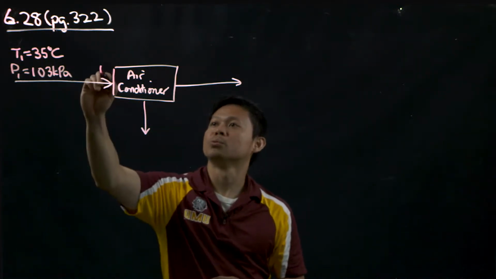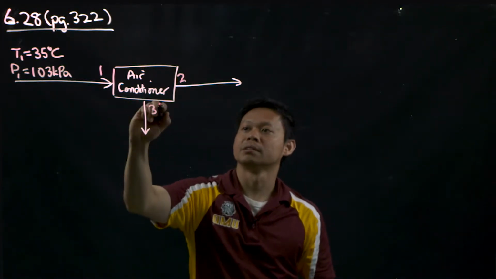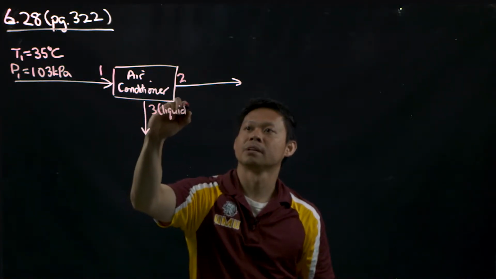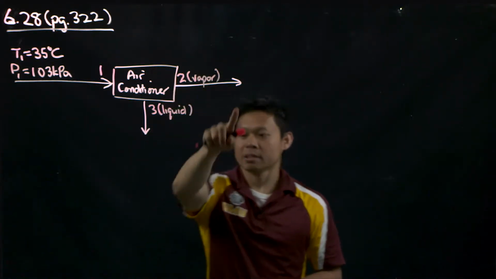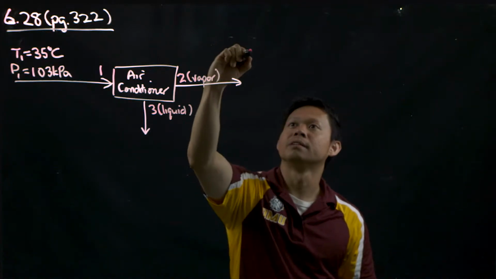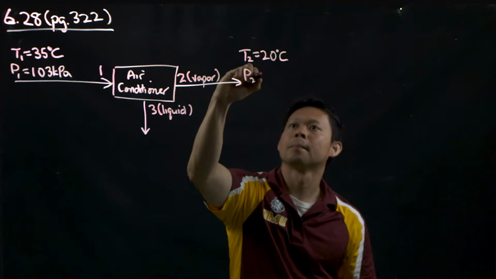Actually, I'm going to call this stream 1, this stream 2, and this is our stream 3. So this stream 3 is our liquid stream, and this is our vapor stream right here. All right, so we're given the temperature down here as 20 degrees C. The pressure is the same.